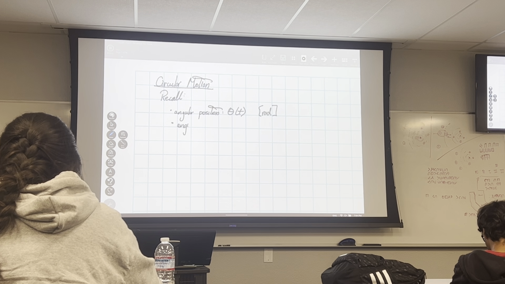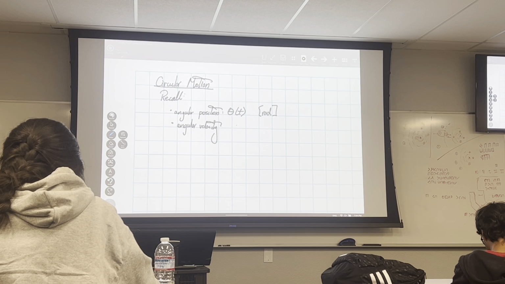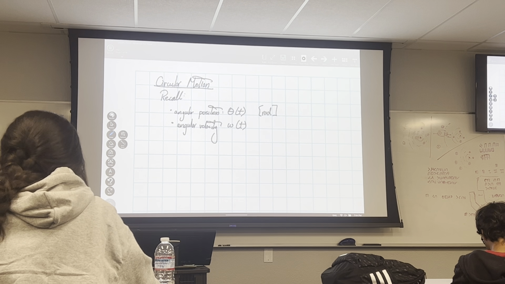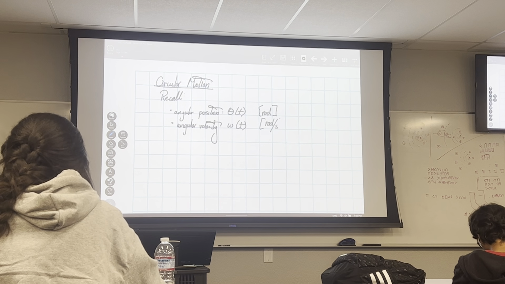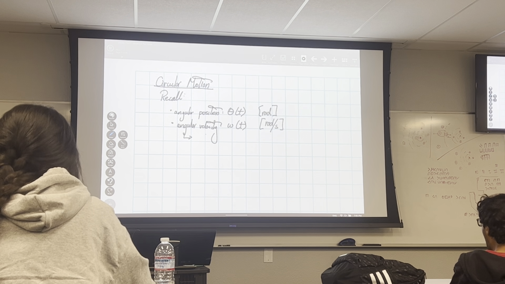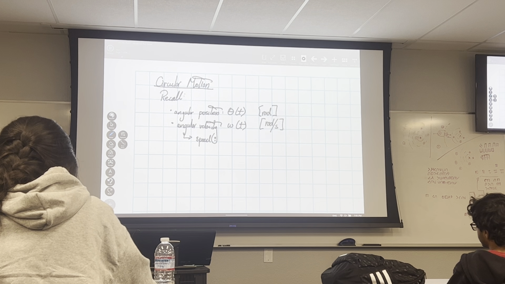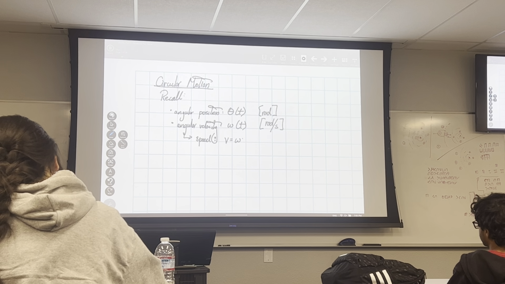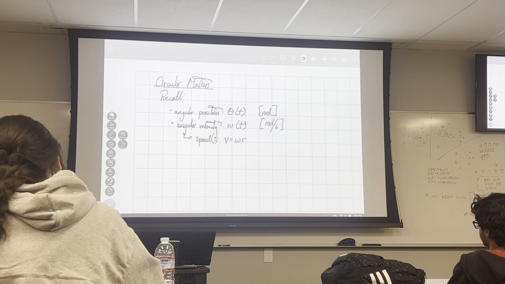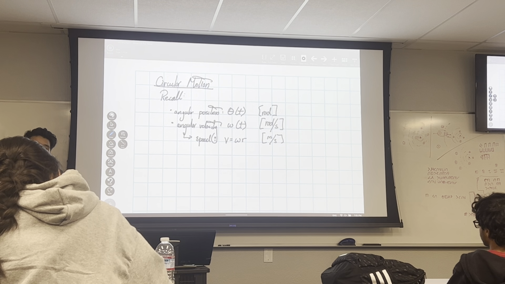We also had angular velocity, which was omega of t, and that was radians per second. The speed, the actual speed in circular motion, v, was equal to omega r. And this has units of meters per second.